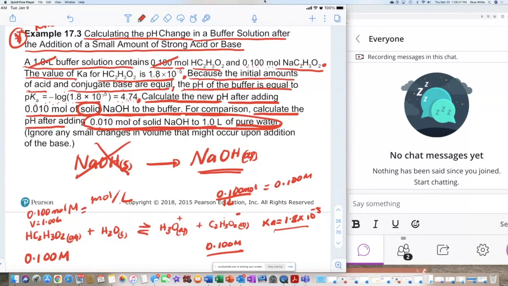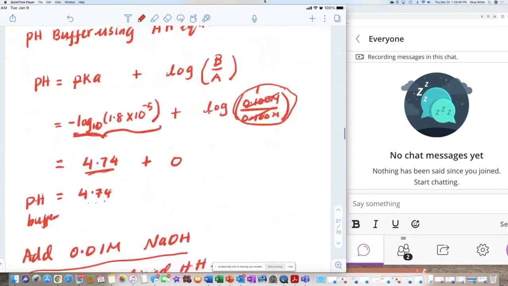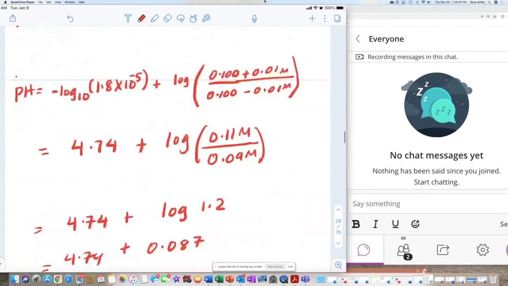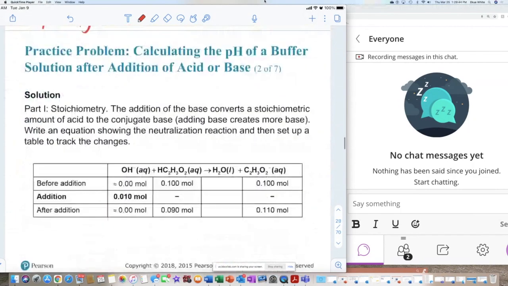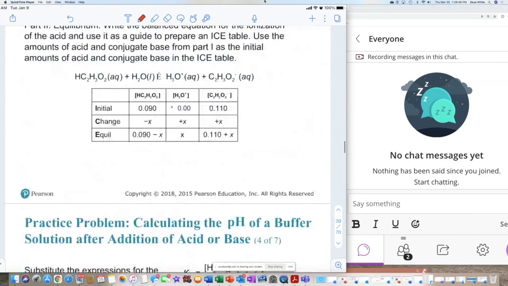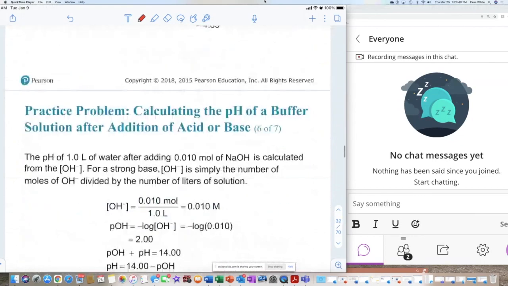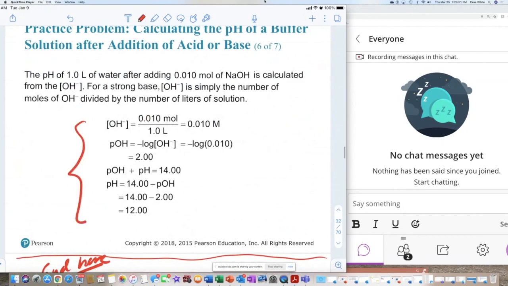Pure water is just water, H2O. It doesn't have a buffer in there. So if you think that the buffer is not good enough for your standards, let me show you what would happen to the solution if the buffer wasn't working. I'm not going to work that part out because this is kind of like a trying-to-put-you-in-your-place question, to make you understand the value of the buffer. I'm just going to show you how they work it out. So here's where they work it out.